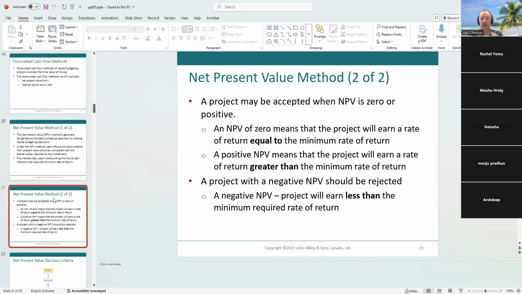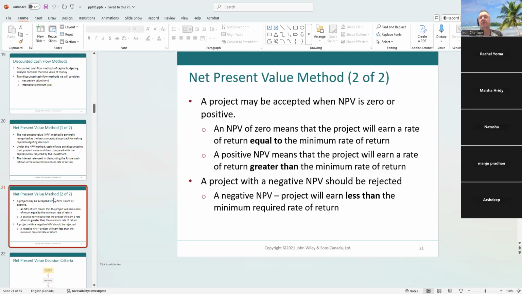And if the net present value is 0, that means simply that the project reached the minimum required rate of return, which is used as a discounted percentage to discount the future cash flow.